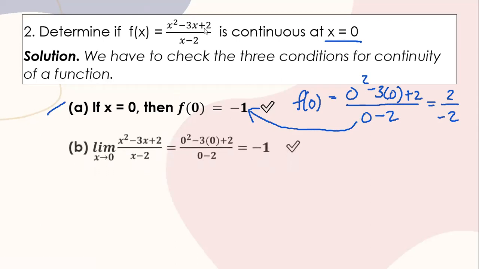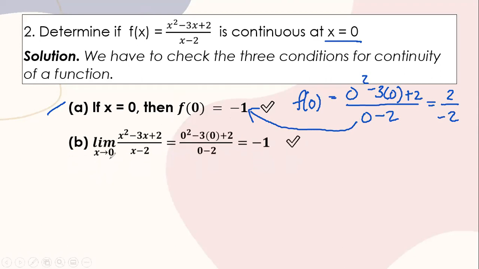Let's move to the second condition. We'll evaluate the limit of the function as x approaches 0. Parehas lang naman ang gagawin. We'll simply substitute the given c value. So we have 0 squared minus 3 times 0 plus 2 over 0 minus 2 as well, and that is also equal to negative 1. Thus, the second condition is satisfied.